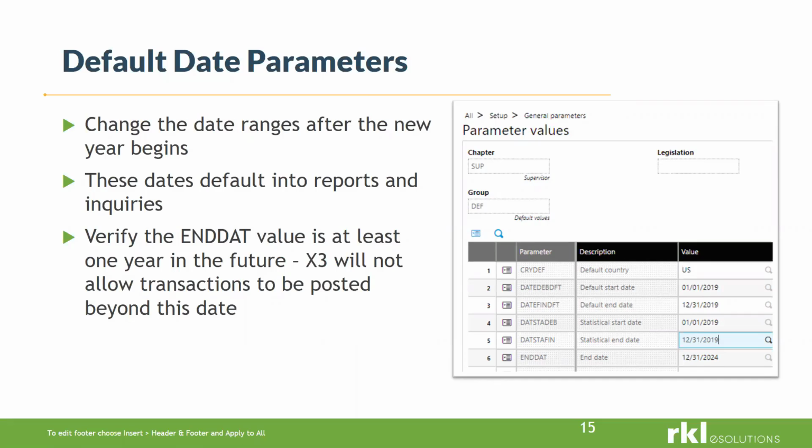You want to make sure that that value is set at least a year in the future. X3 looks at this date and prevents any transaction posting beyond that date. So it's okay to set that date further ahead, more than 1 year ahead if you wish. In this case, we've got a few years ahead just to ensure that that doesn't wind up being a stopping point for you for processing your transactions in X3.